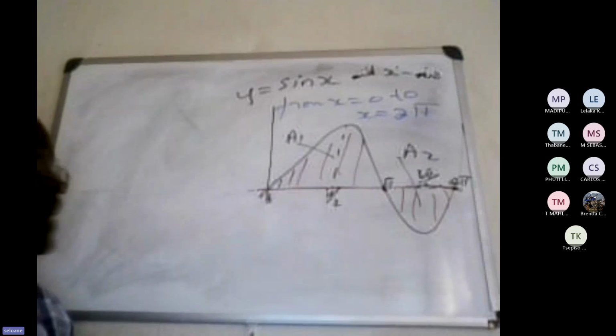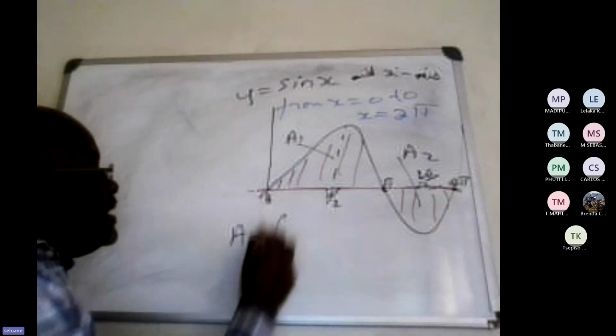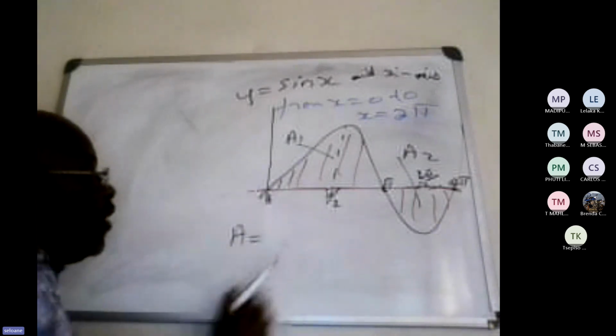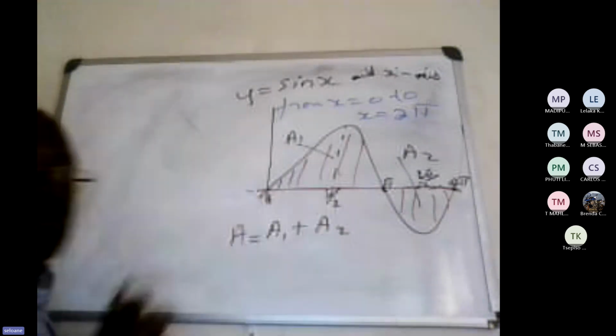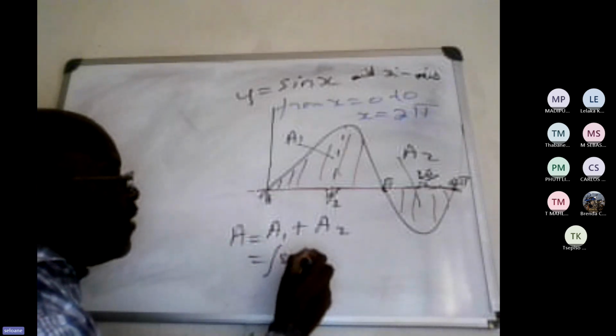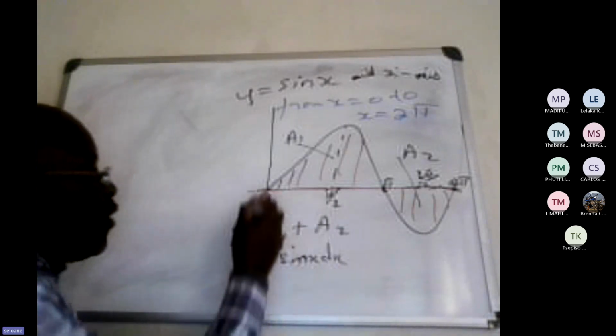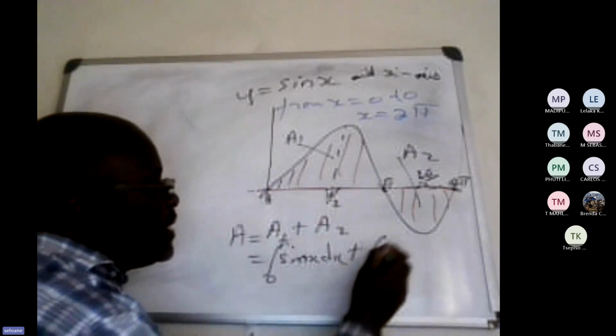Does it make sense? Then A will be equal to A1 plus A2, which is the integral of sine x with respect to x from 0 up to pi, plus what?